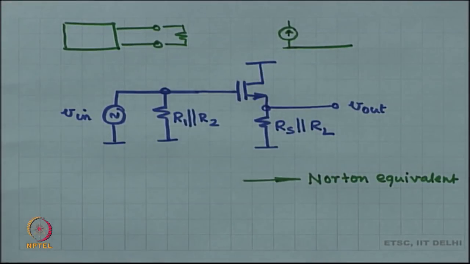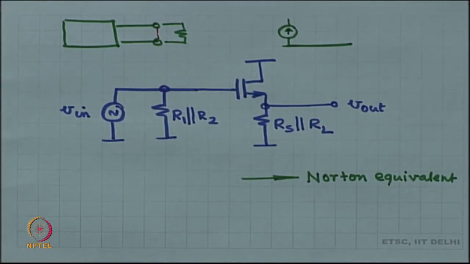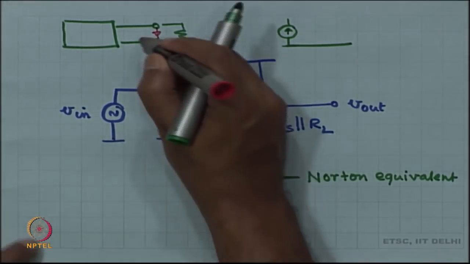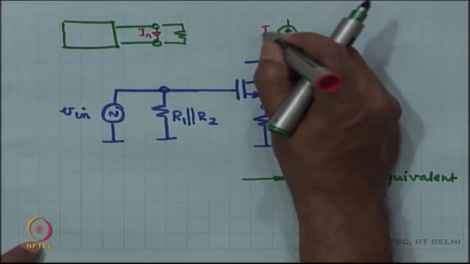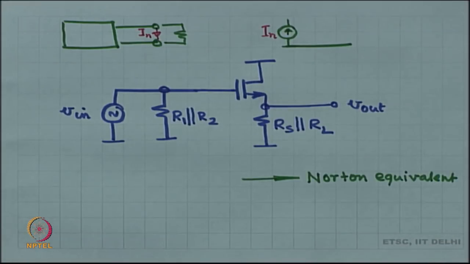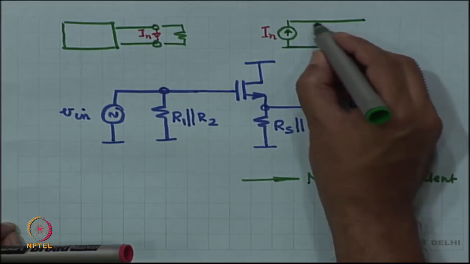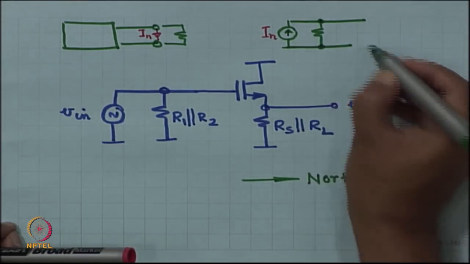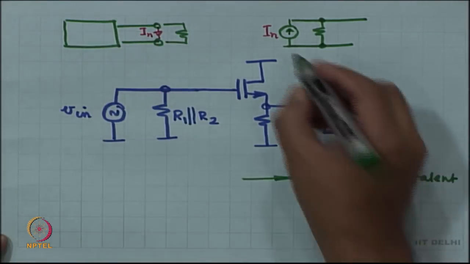If I make a connection between these two, there will be a current through this red wire, that is the short circuit current. And in shunt with the short circuit current, you will have the equivalent resistance or impedance of this black box.